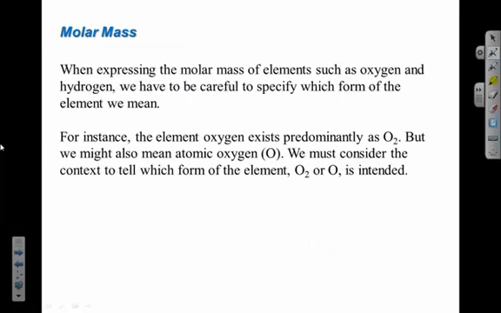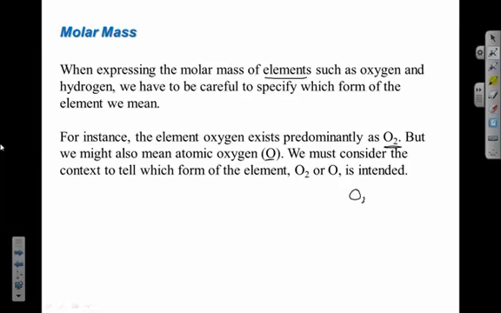You just want to make sure you're aware. If you're dealing with elements, sometimes the elements come in different forms. So we talked about this when we talked about molecules. Oxygen comes as O2, or it can come as individual atoms, which are not as likely because it's a little bit unstable. Or it could come as O3.